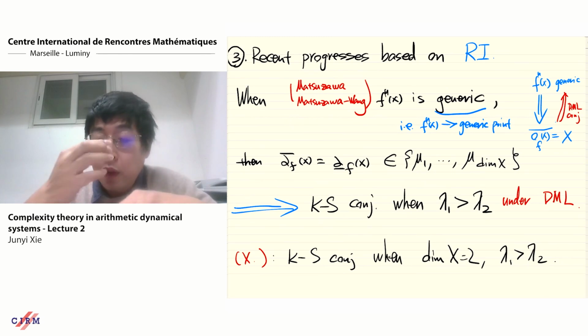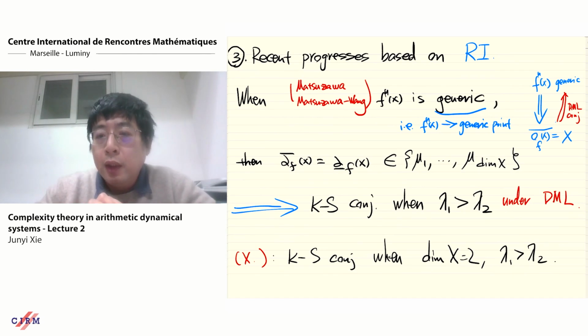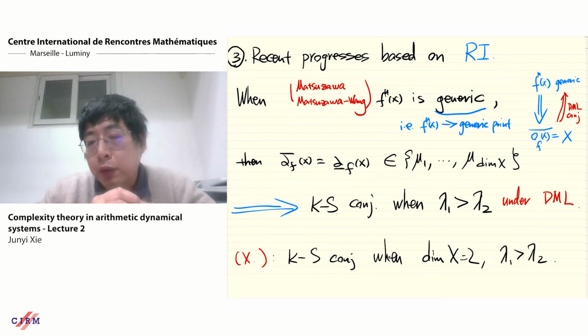But you can still get the inverse direction if you assume the dynamical Mordell-Lang conjecture. The dynamical Mordell-Lang conjecture says that if the orbit of x is Zariski dense, then this sequence is indeed generic.